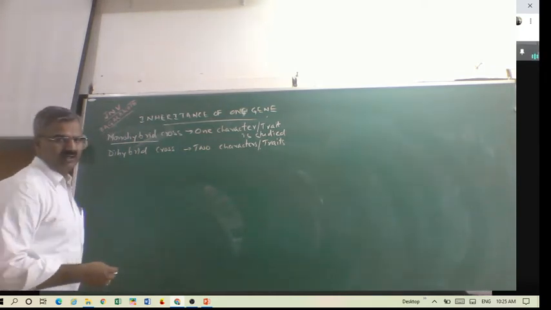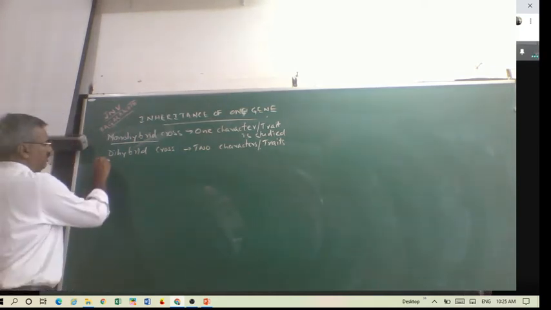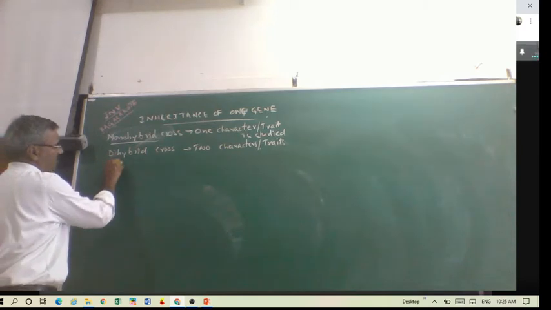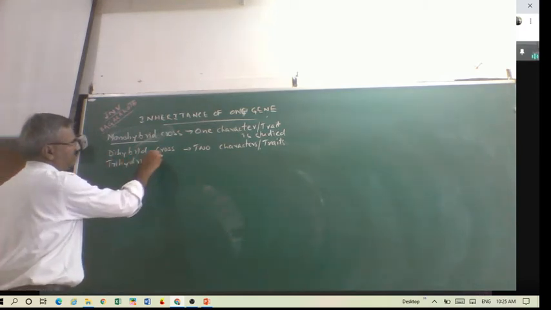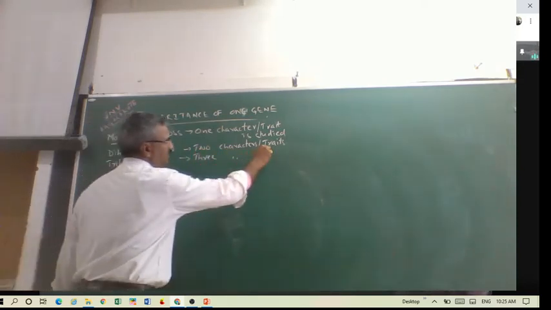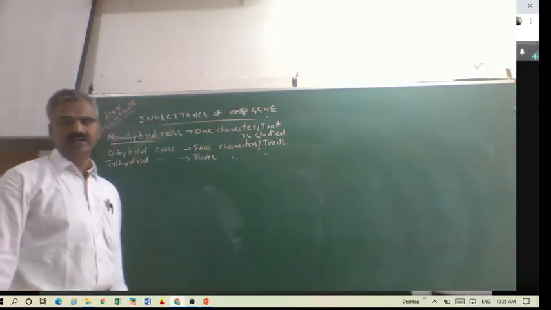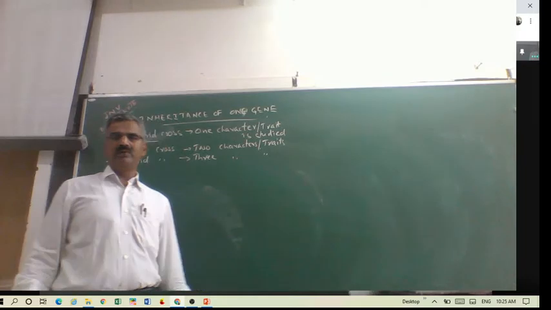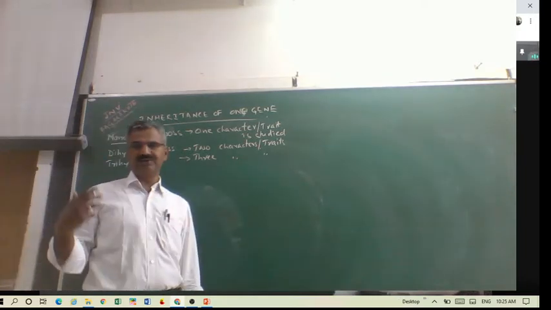Suppose you are having three, that is called a trihybrid cross, where three characters or traits are going to be studied. Like this, we are going to use different terms here.